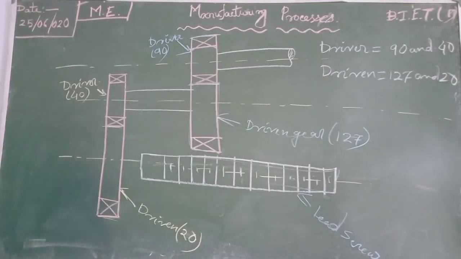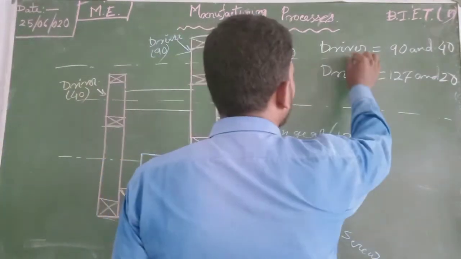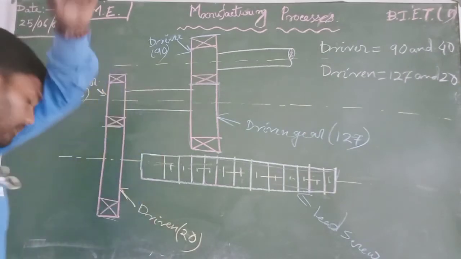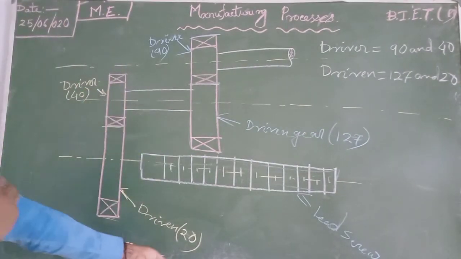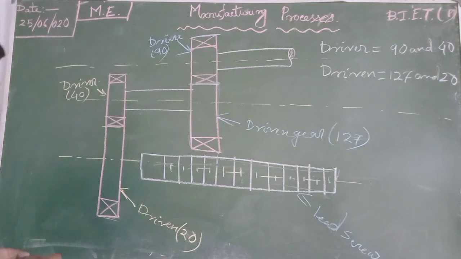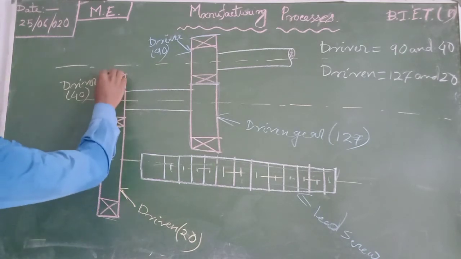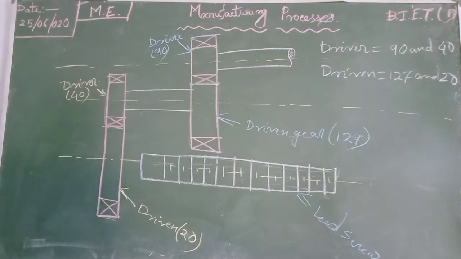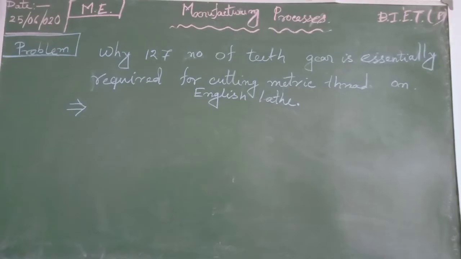For this problem, we can calculate the driver gear number and driven gear number. For the driver gear, this number is 40.